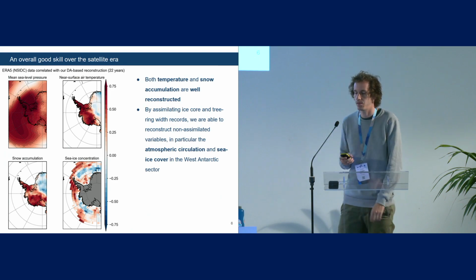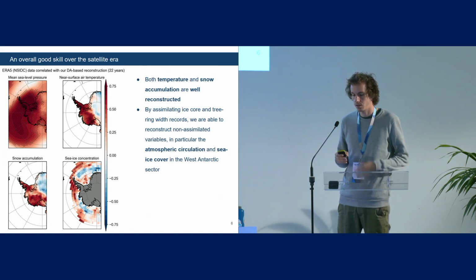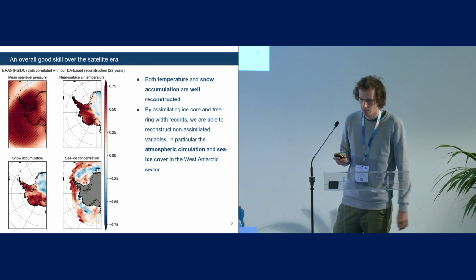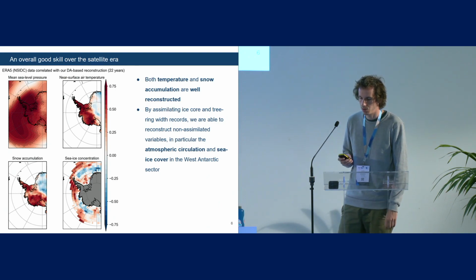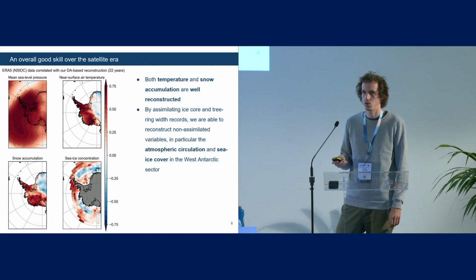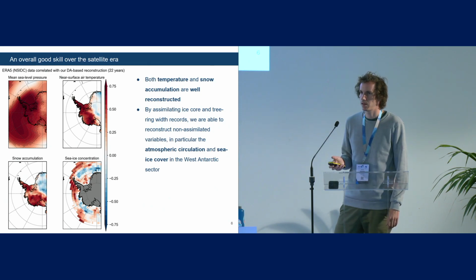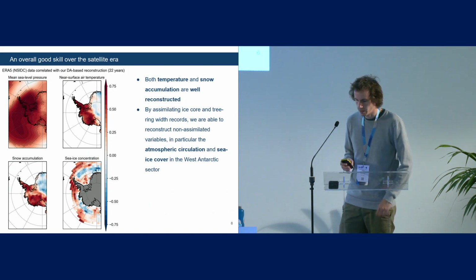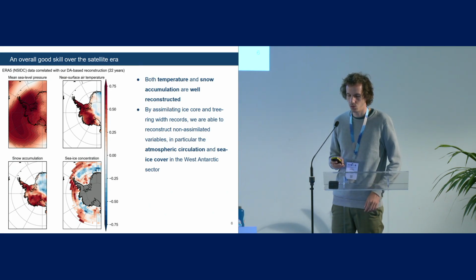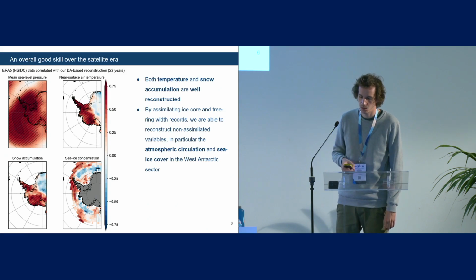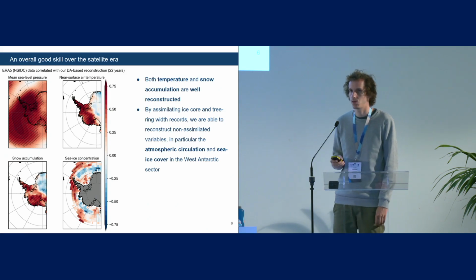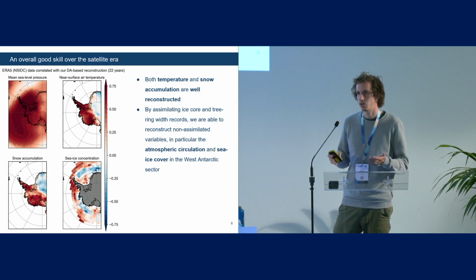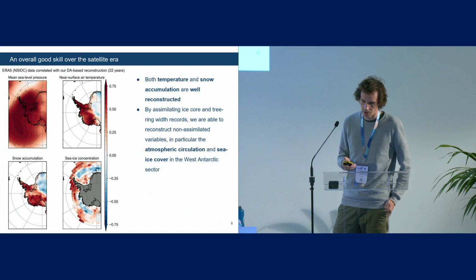As you can see, we have quite good skill for the 4 variables. It's not very surprising that we are able to reconstruct the temperature and the snow accumulation because we assimilate the water isotopes and the snow accumulation. But by assimilating these variables, we are also able to reconstruct other variables like the winds and the sea ice, which are particularly important for the mass changes of the West Antarctic ice sheet.